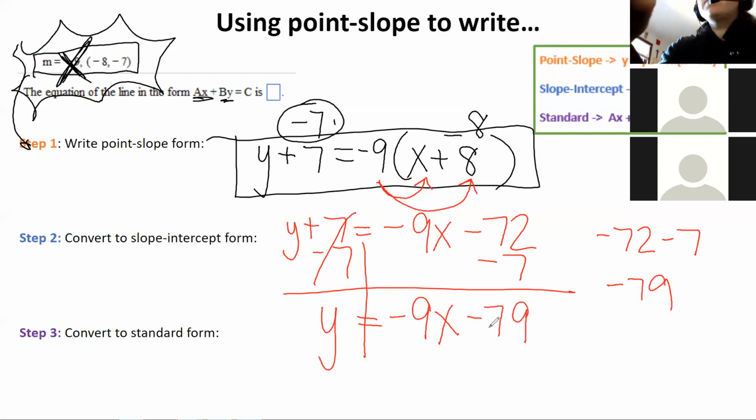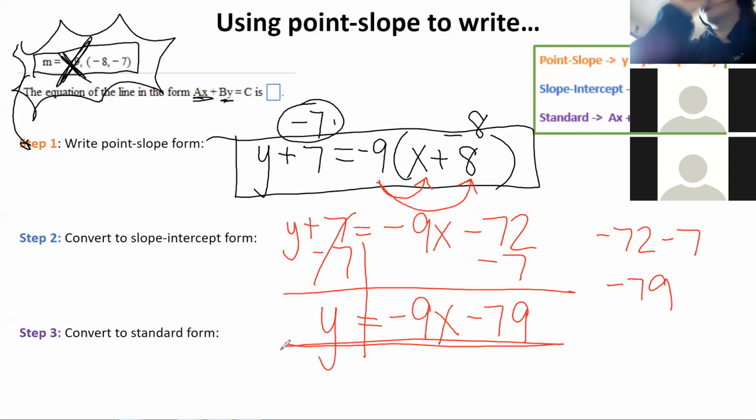Now the last step, if I want to put that in standard form, and sometimes Math Excel will do that for you, if you try and type it in slope intercept form, they'll mark it wrong because they want it in standard form. So you got to read the writing there. All I have to do to get it in standard form is I have to move this negative 9x over to the other side.